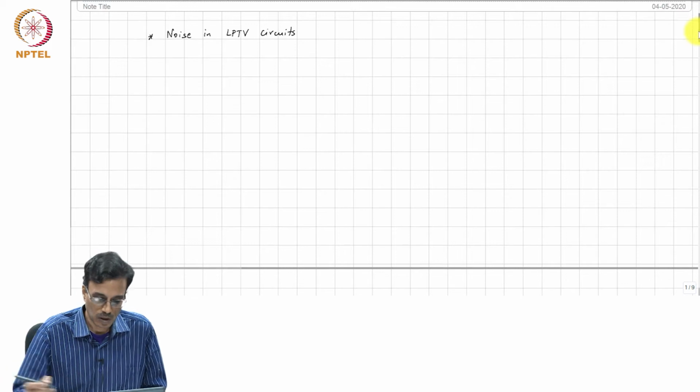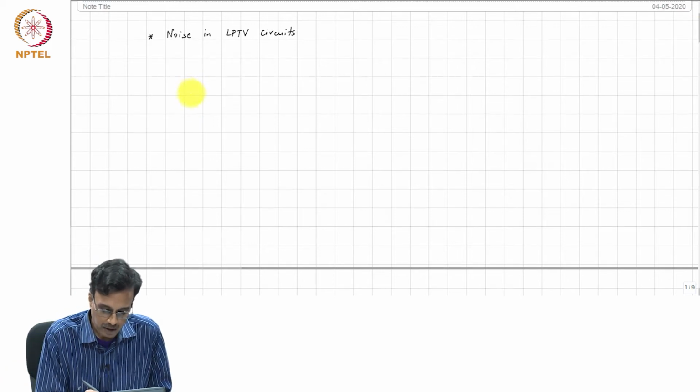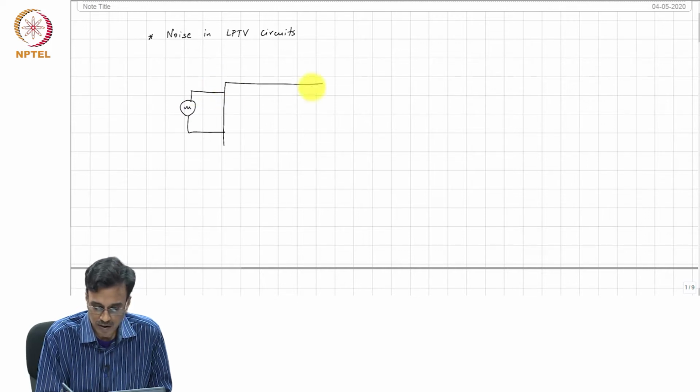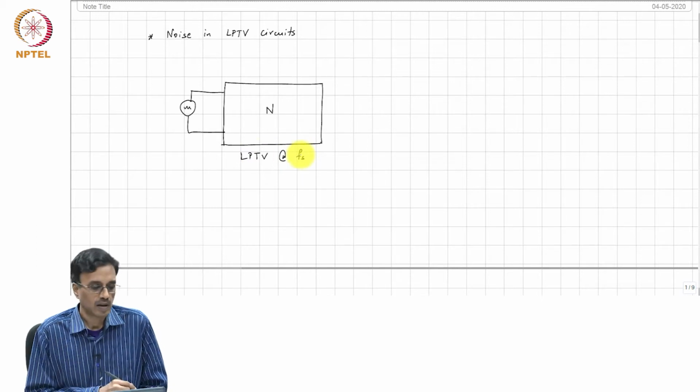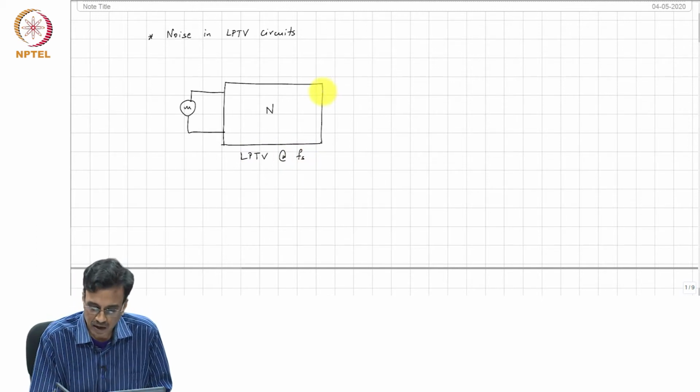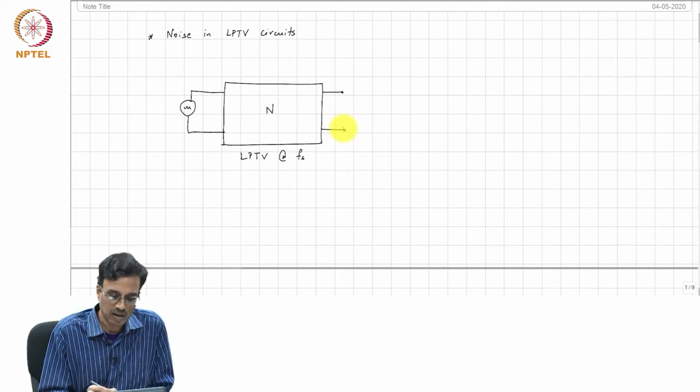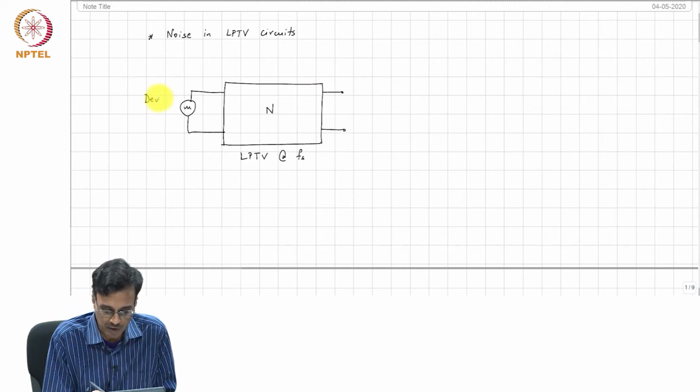The premise is the same. We have an LPTV system N, which is LPTV at Fs, and most of the time we are dealing with noise sources, which are device noise sources.